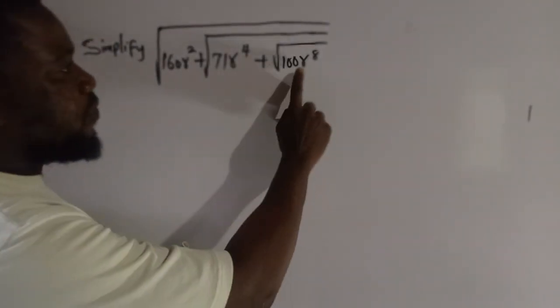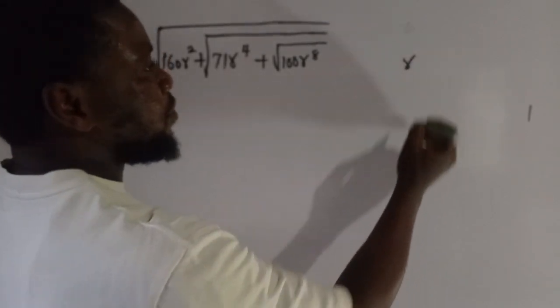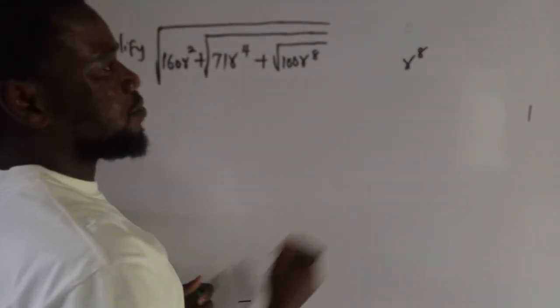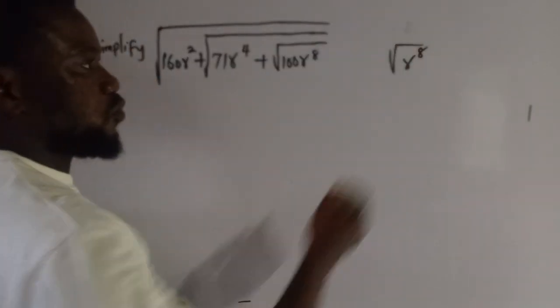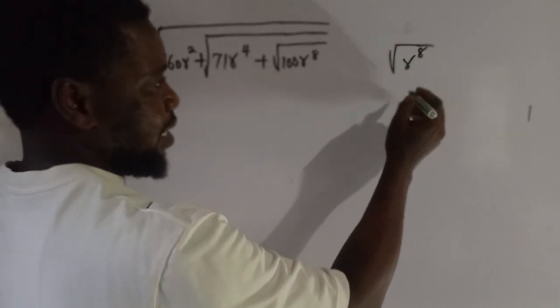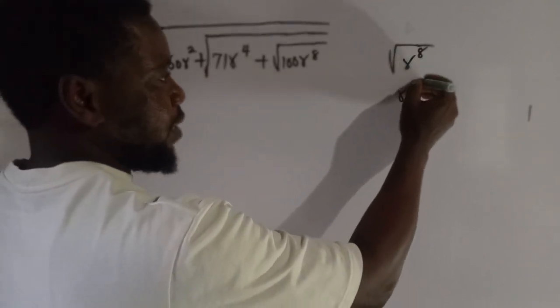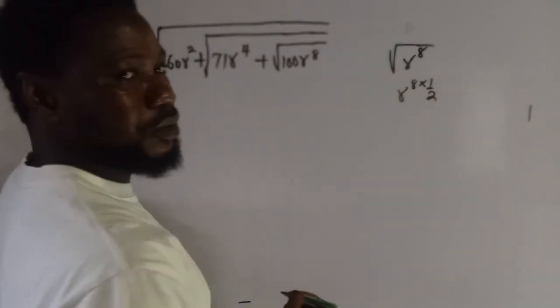But before that, remember when you have r raised to power 8, let's assume we have the square root of r⁸. This is the same as r⁸ raised to the power of 1 over 2.